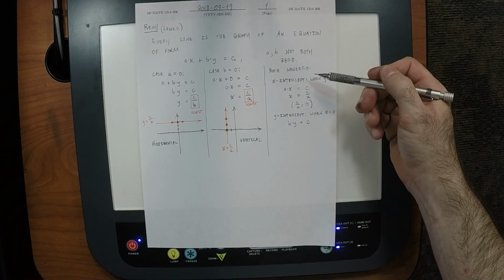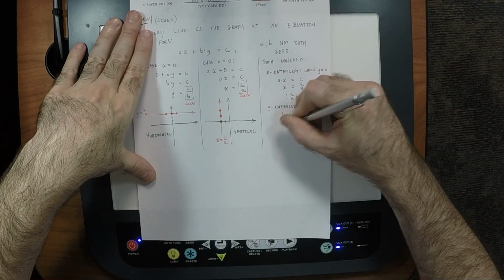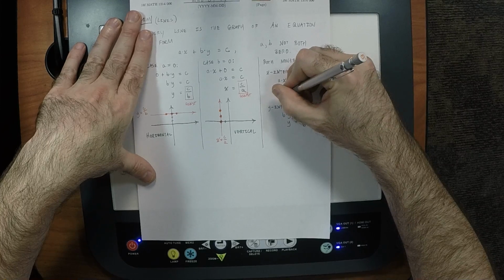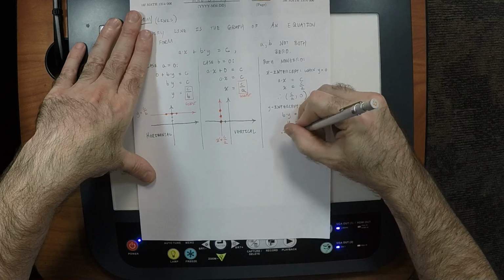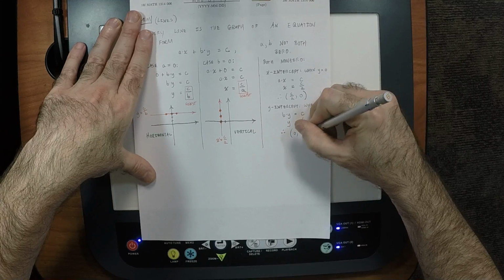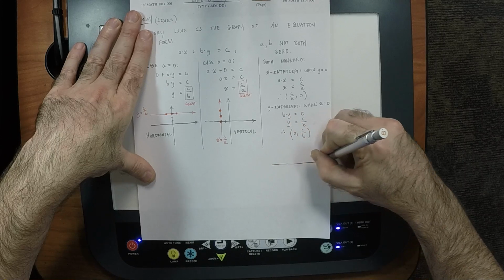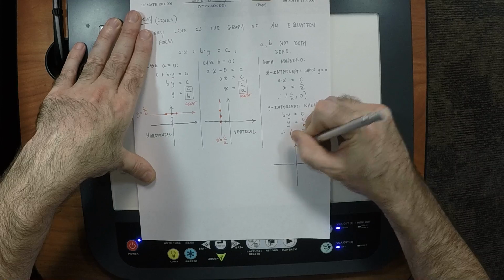Since I'm considering the condition when a and b are both non-zero, I can divide by b to obtain y equals c over b. And therefore, what is the y-intercept? Very good. So as a result, we can make a plot. And we have two intercepts.